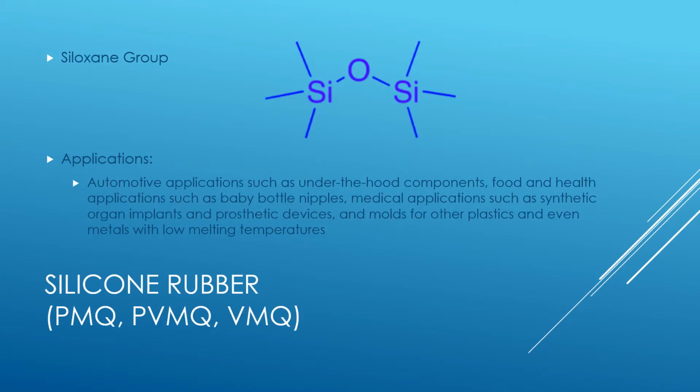Silicone rubber is one of the most unique elastomers, very largely because of the structure. The siloxane group is the main backbone for the silicone rubber, and the three previous elastomers that I've talked about, natural rubber, ethylene propylene diene rubber, chloroprene rubber, all of those have a carbon backbone, and silicone rubber has a silicon and oxygen backbone.